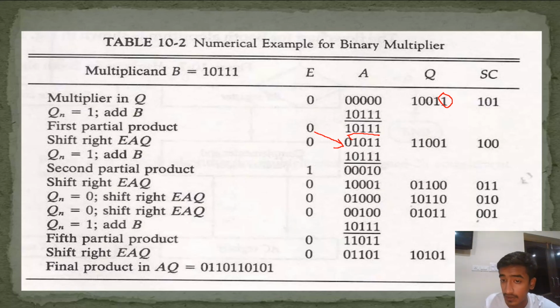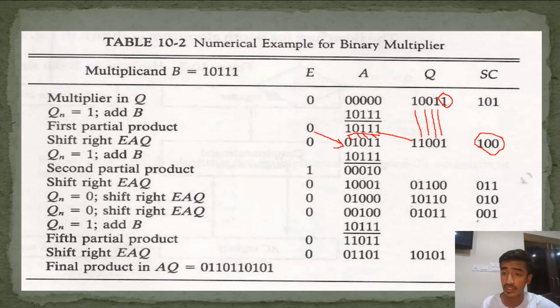The last 1 will be discarded. Now we have done all the process. First we have added the number, then we have shifted right. So now we will do SC minus 1, that is 5 minus 1 equals 4.